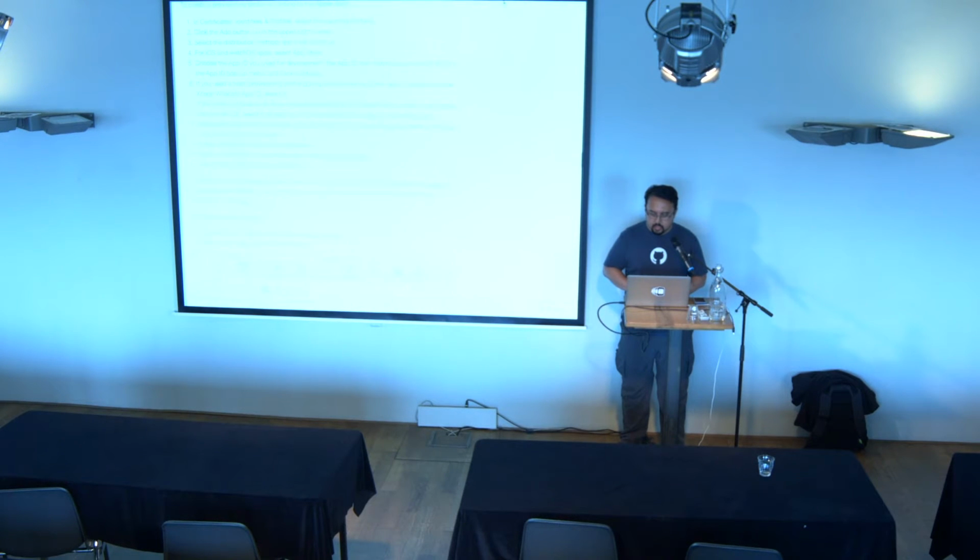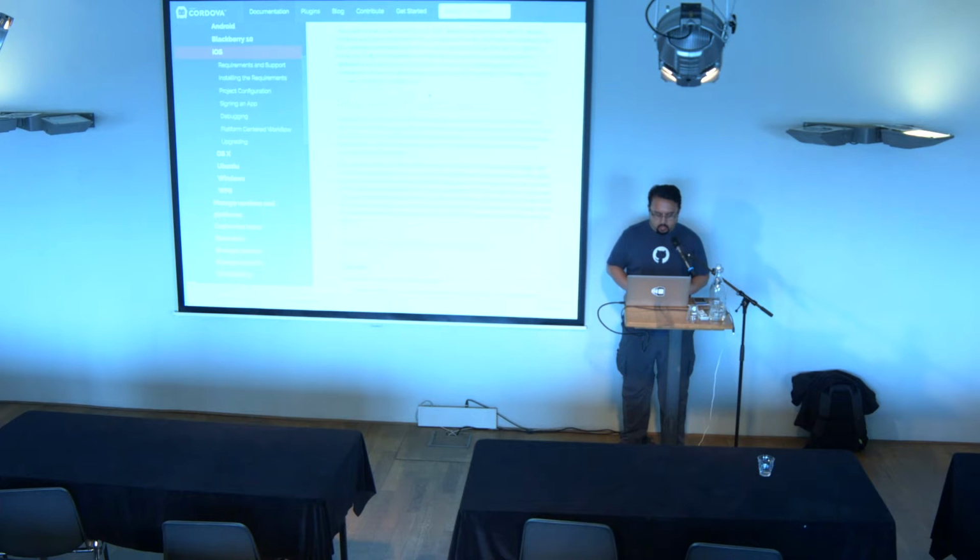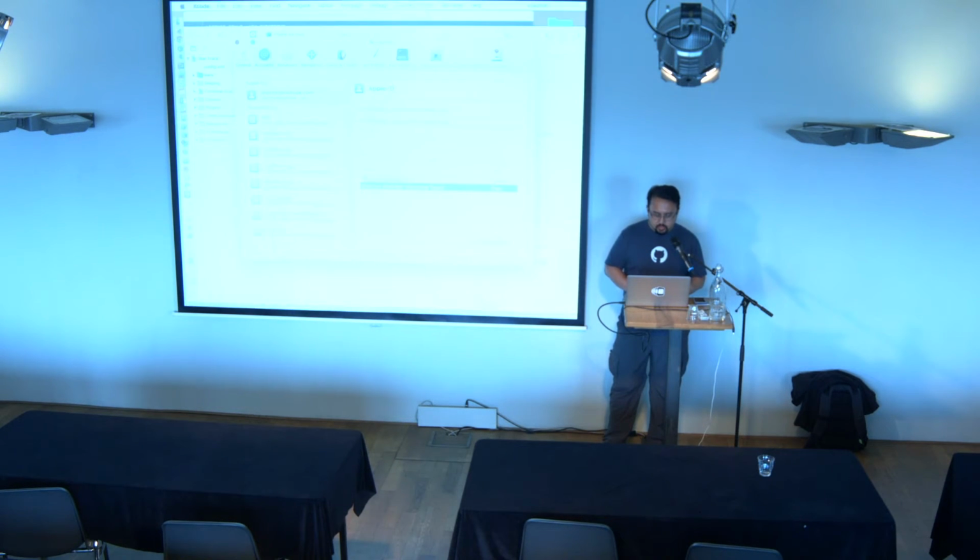So I'll go to the Cordova docs right now, which will show you exactly what it looks like. If you type in signing, you'll see there's a platform guide for Windows, Android, and iOS, which is exactly what I'm showing you right now. Usually when you download provisioning profiles, it should show here.